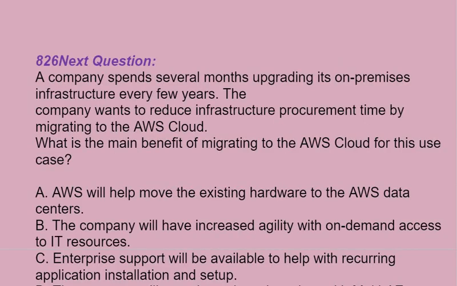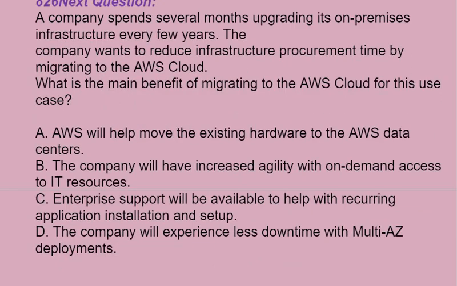Question is, a company spends several months upgrading its on-premises infrastructure every few years. The company wants to reduce infrastructure procurement time by migrating to the AWS cloud. What is the main benefit of migrating to the AWS cloud for this use case? Option A, AWS will help move the existing hardware to the AWS data centers.